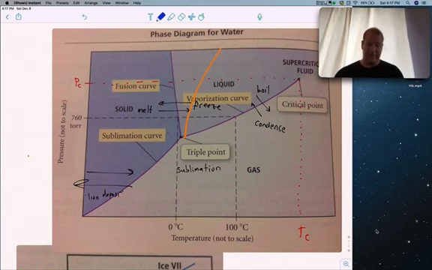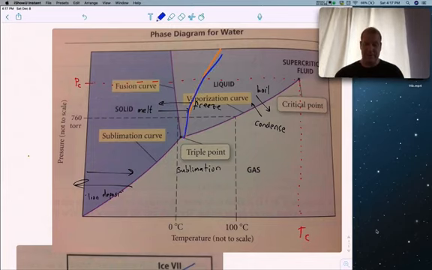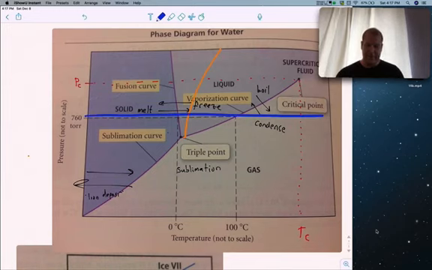That's not typical for most solids. Most solids, I've drawn here in the orange, this part here, that is how most compounds or elements go.